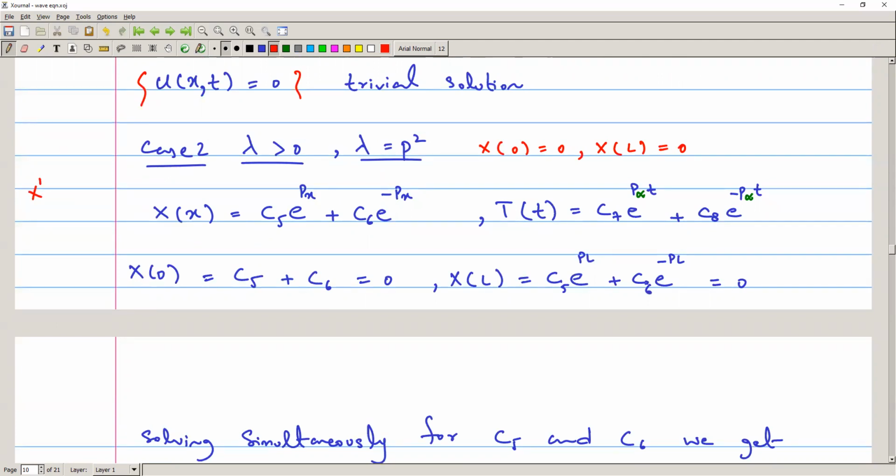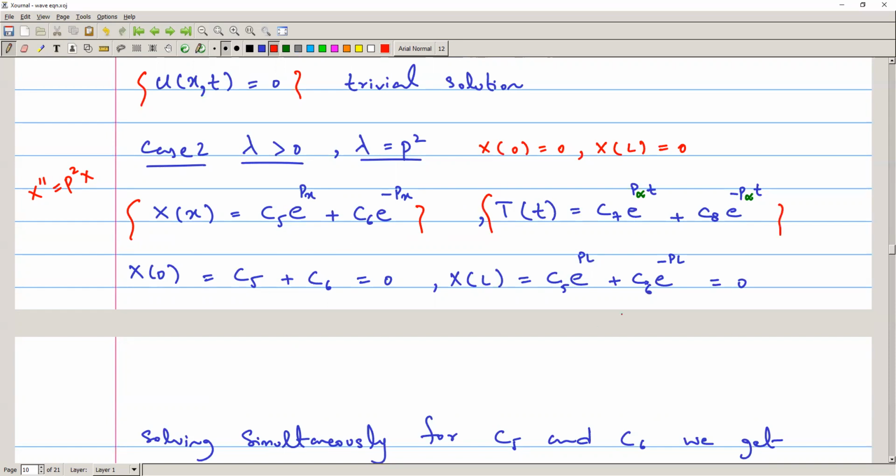The equation will be of this form: X double prime is equal to p squared X. Then we will solve the auxiliary equation and find this solution. So this is the solution for X and this is the solution for T.